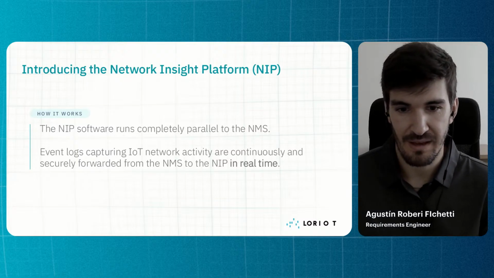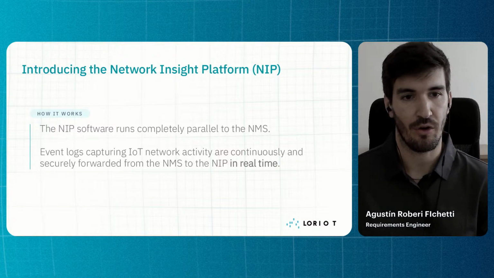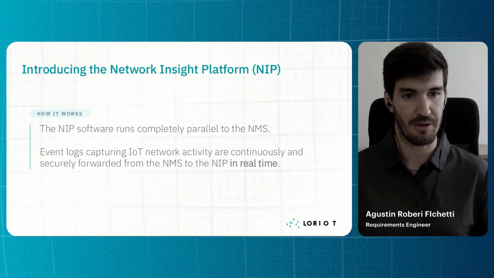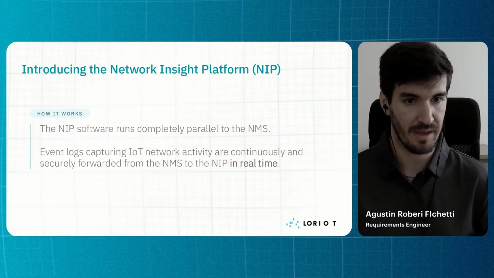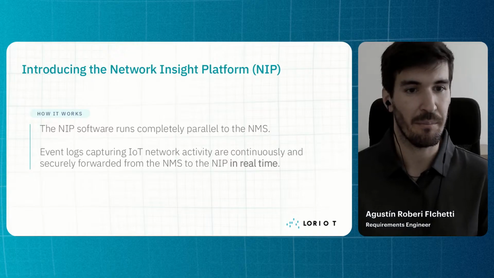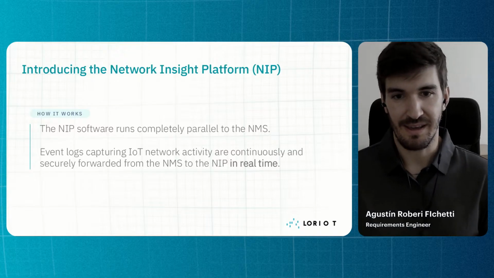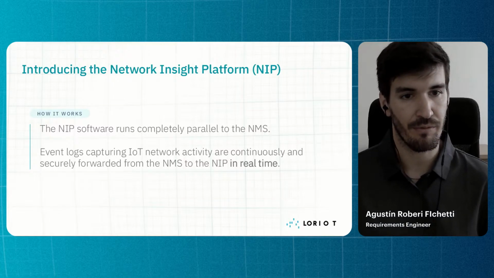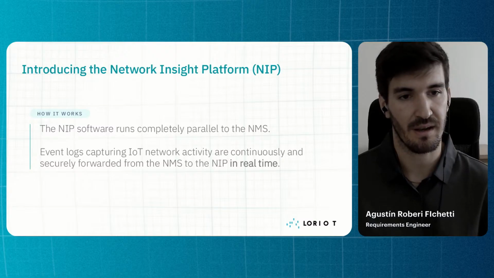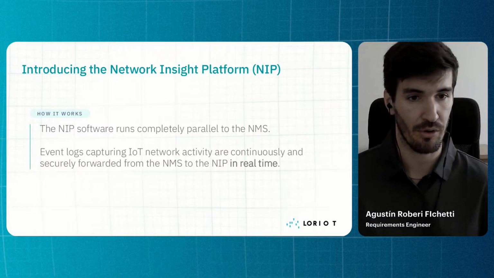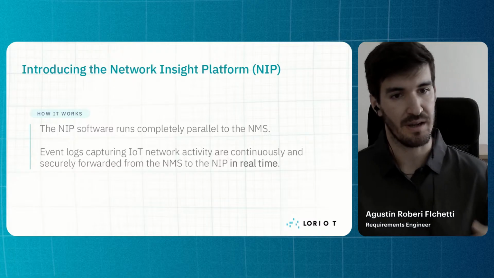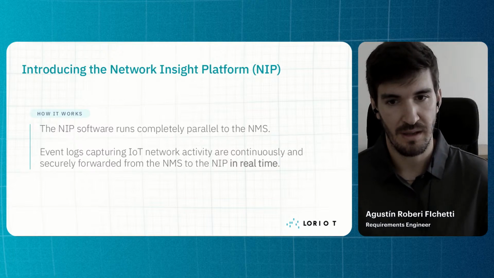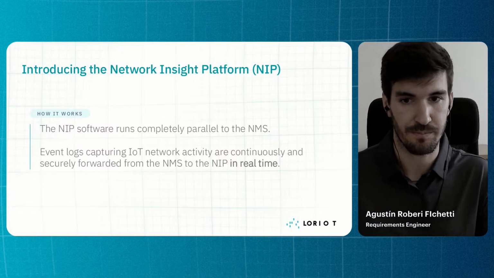All the log events generated by the activity of the IoT network and by the NMS, which is managing that network, are forwarded practically in real time to the Elastic Cloud instance in which the NIP is deployed, with all the standard out-of-the-box dashboards and other features that the NIP provides, ready to make use of these logs.